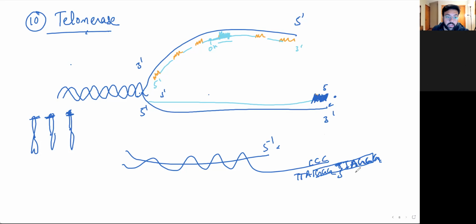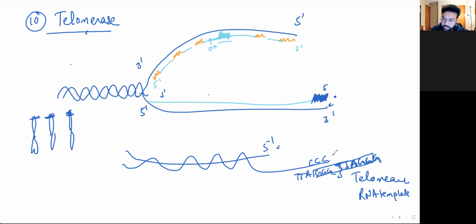So this is how the telomerase will bring the RNA template with it. Okay, it will attach to the 3' end because it's complementary. Now, given the template of RNA, it will add more DNA to this end.